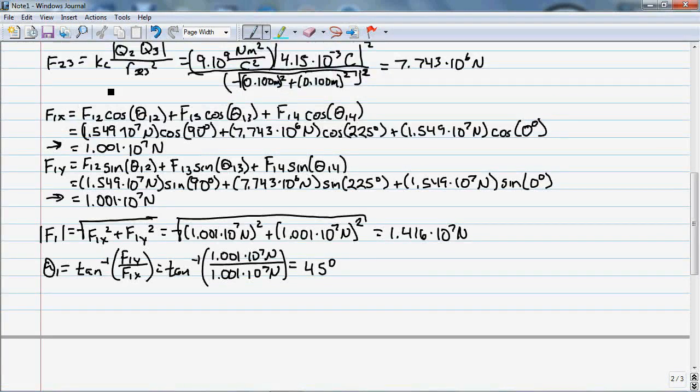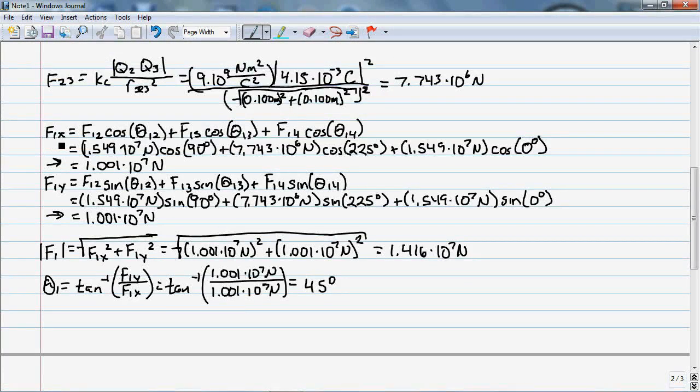So this is how we calculate the force on charge 1.